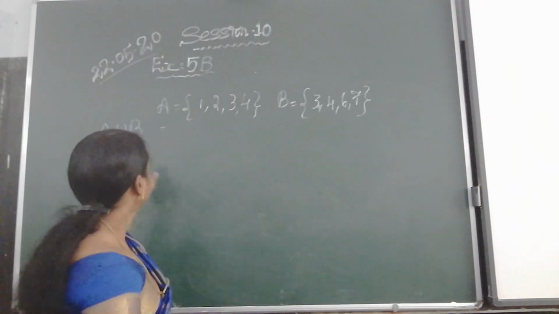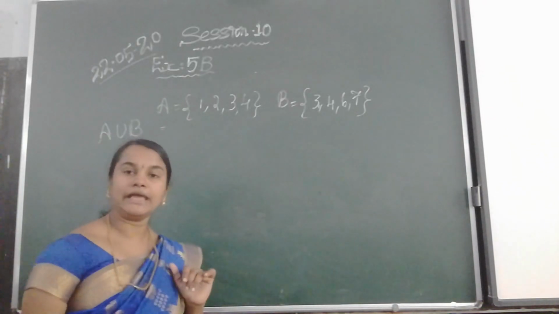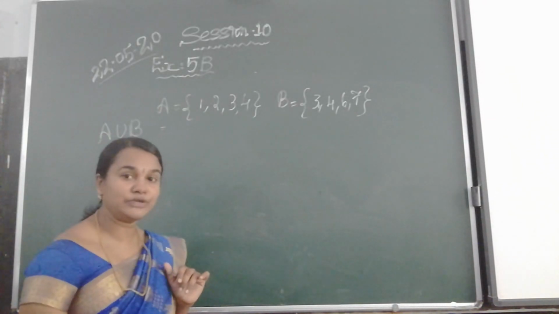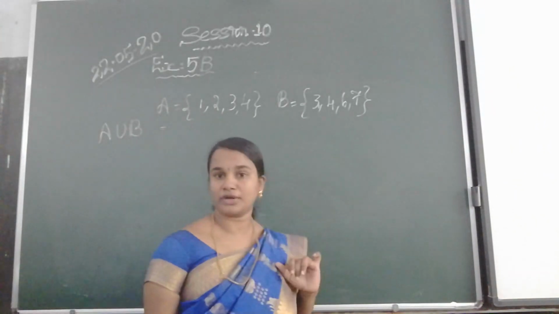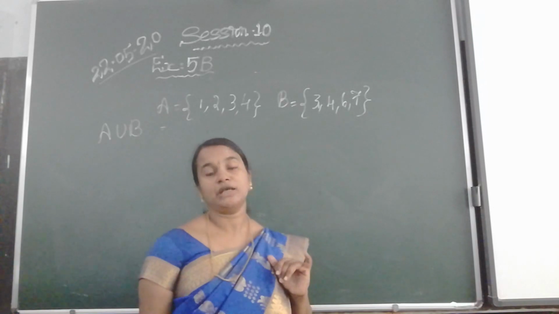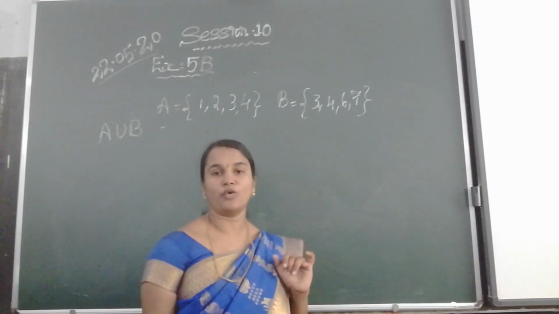Now they told us to find A union B. A union B means whatever elements are there in A and B we have to write, but the repeated elements we won't write.